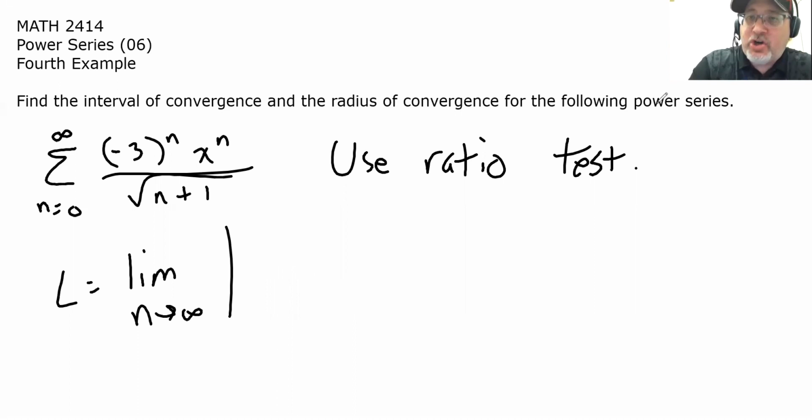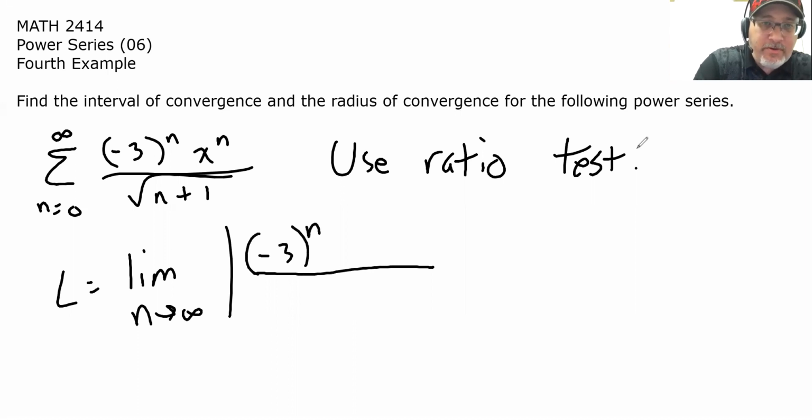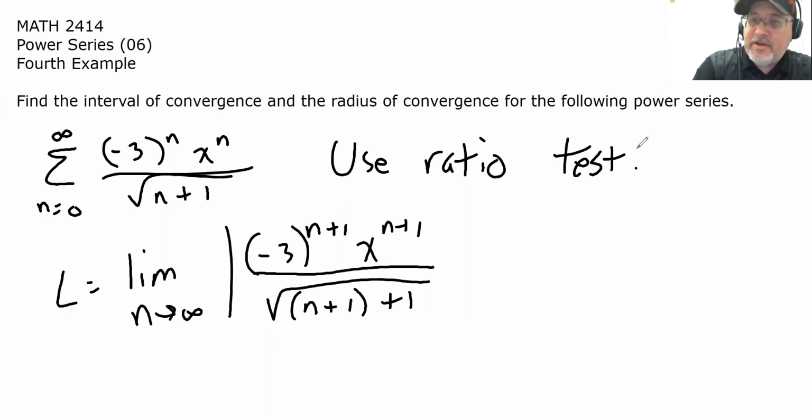So let's set up the next term. The next term is what we would get when we let n become n plus 1. So -3 to the n plus 1 times x to the n plus 1 over the square root of n plus 1 plus 1. The second plus 1 being the part of the original expression.